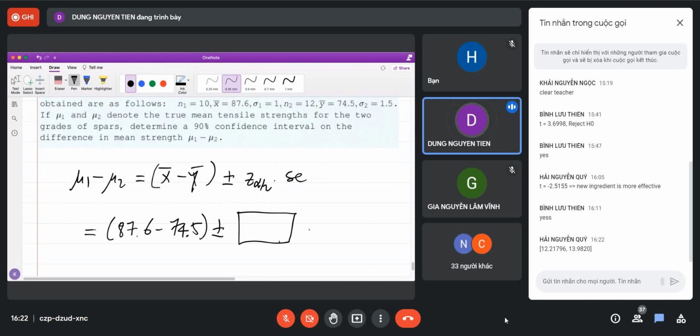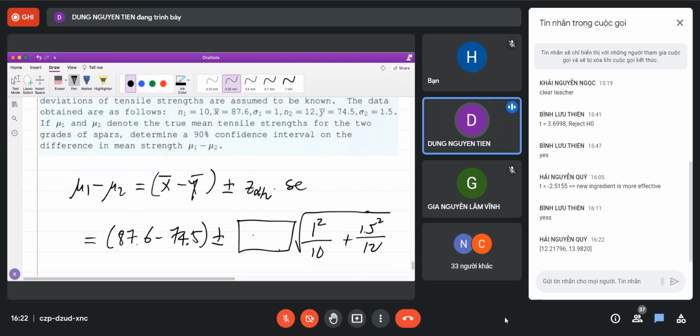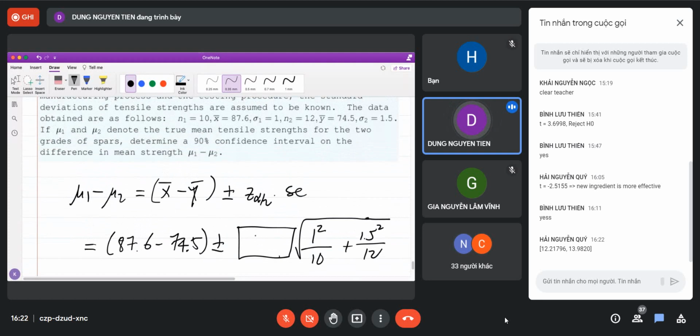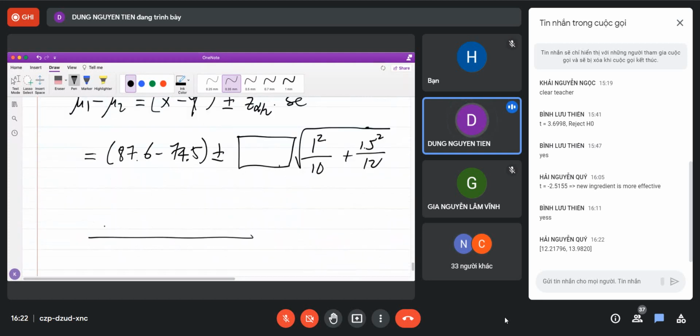Okay. The standard error is the square root of sigma 1 squared over 10, that is 1 squared over 10, plus 1.5 squared over 12. Okay. And the z value you get here, what is that?